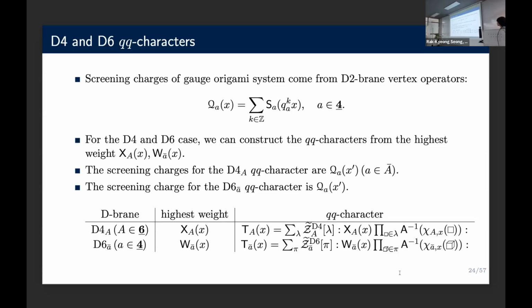So, for example, if you choose the highest weight associated to the D4, you'll get this type of QQ character, which is known to be the affine quiver W algebra. Or if you choose a different type of highest weight, you'll get an expansion of the deformed W algebra which takes values in plane partitions. And actually, this matches with the previous definition of the operator lift of the width index.